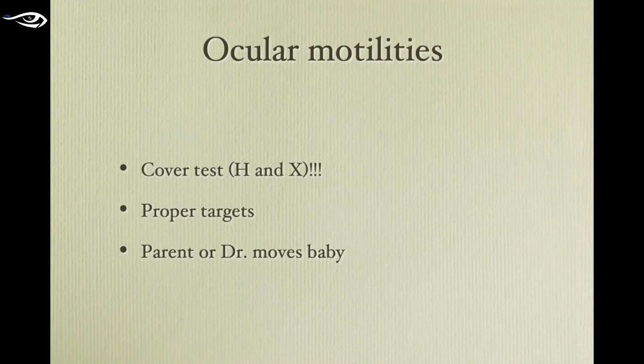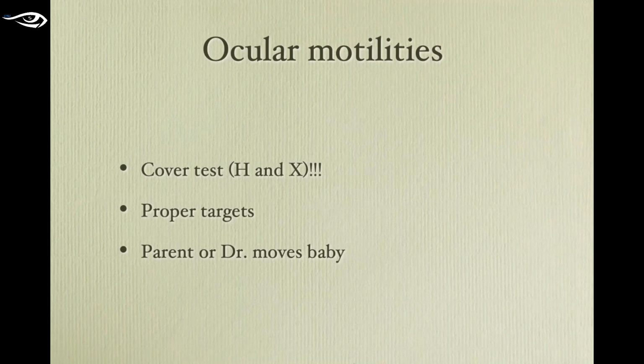What muscles typically go bad in adults? The rectus muscles. What's the primary direction of gaze with the rectus muscles? Horizontal and vertical. With young kids, what are the muscles we worry the most about? The obliques, particularly the superior oblique. What is the primary field of action of the oblique muscles?